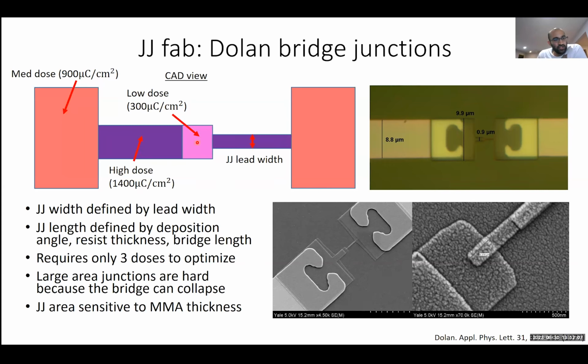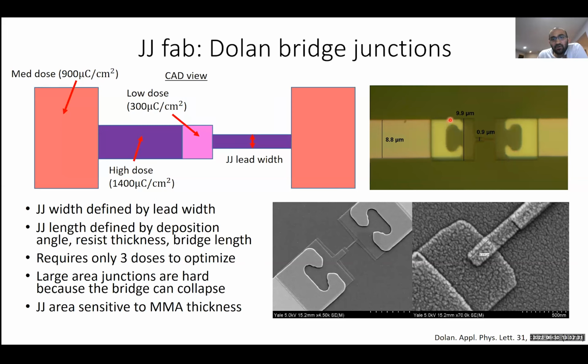And then you'll have your bridge that you dose with a very low dose, around 300. These numbers are very dependent on the type of substrate, the thickness of resist that you use, and also whether you use an anti-charging layer or not, which I'll go into more in a few slides.